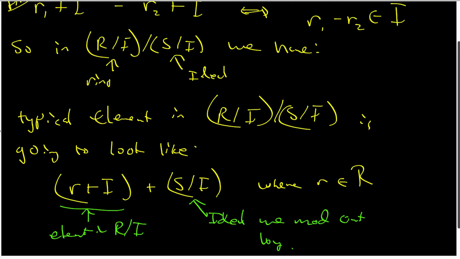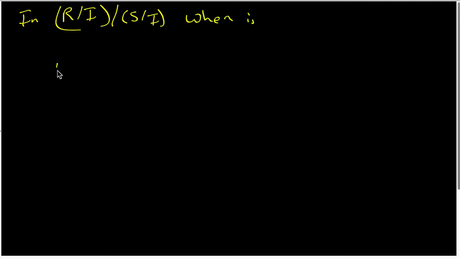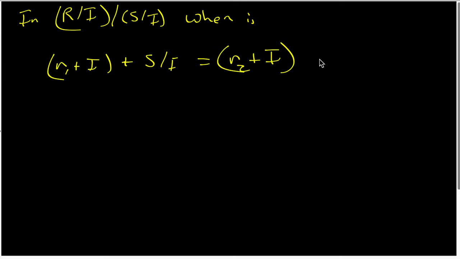Now, the next thing that I want to look at is that fact about when are two cosets equal. So let's look at that. So in R mod I, modded out by S mod I, when is R1 plus I plus S mod I equal to R2 plus I plus S mod I?